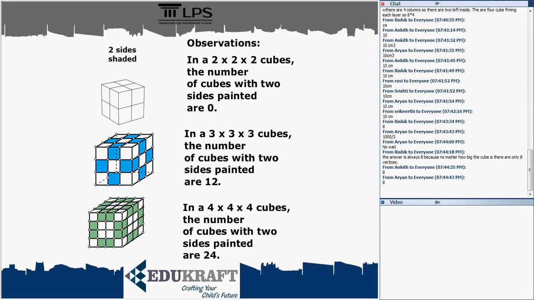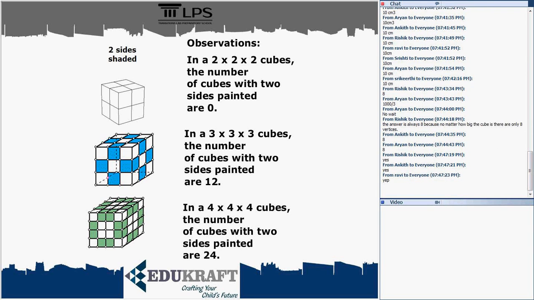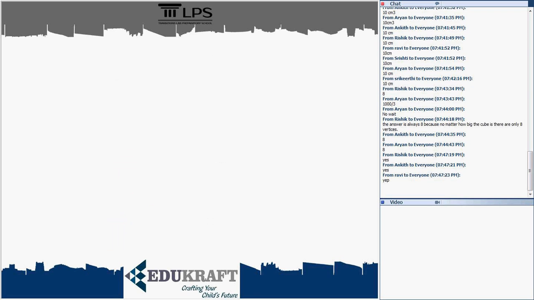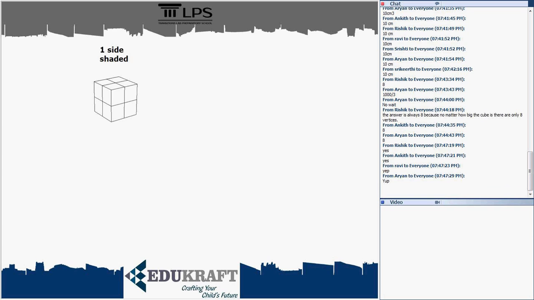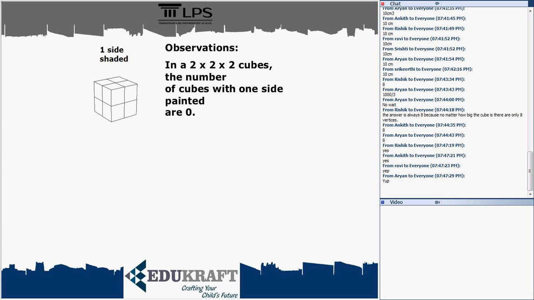This will help you imagine the cube. I'm taking a 1 by 1 by 1 cube. The cubes with one side painted are 0.